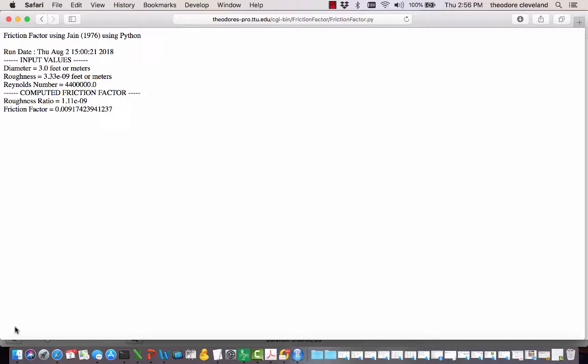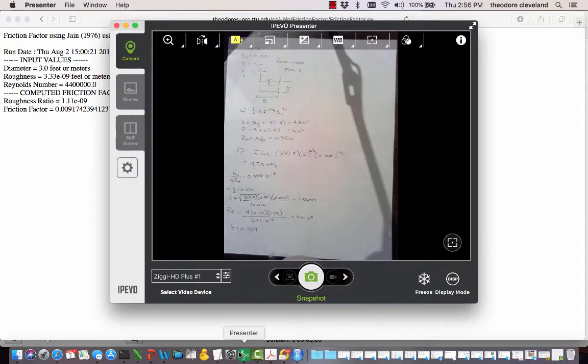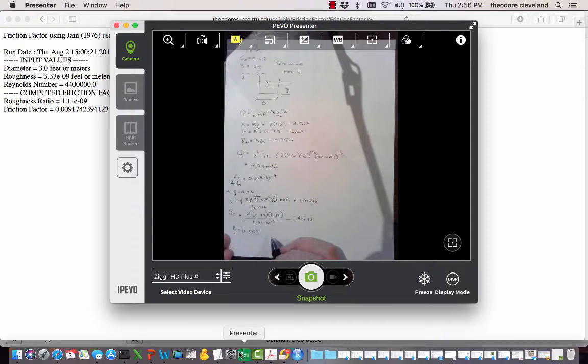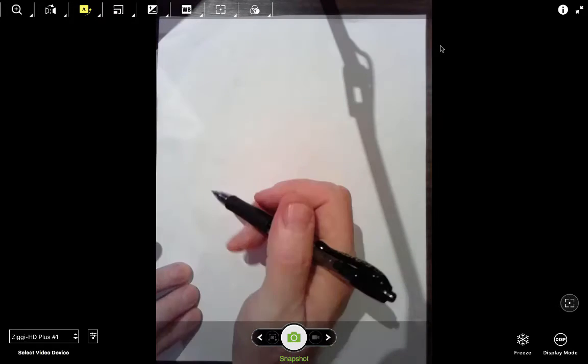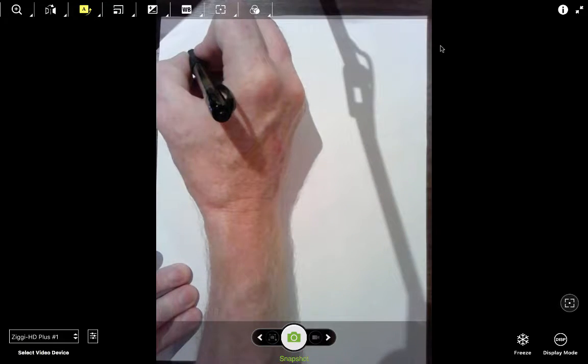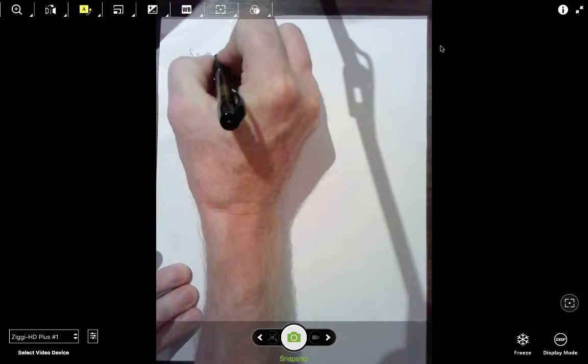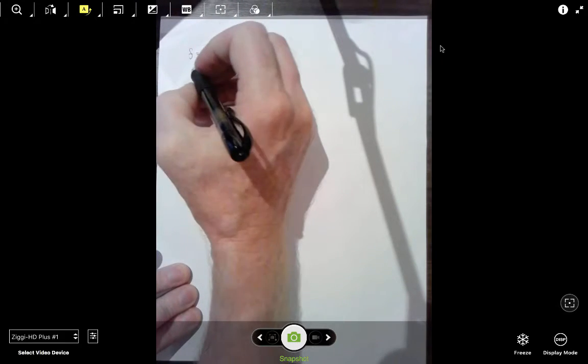We now use that friction factor, make our update guess of velocity. So let's see, I'm running out of paper, but I found some more right here. So now we have a friction factor of 0.009.